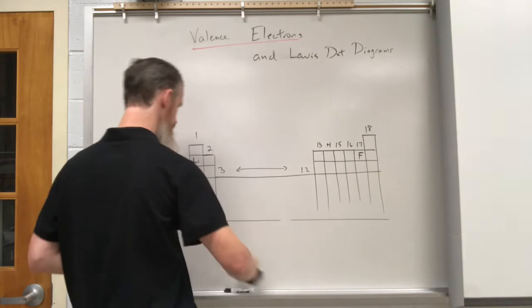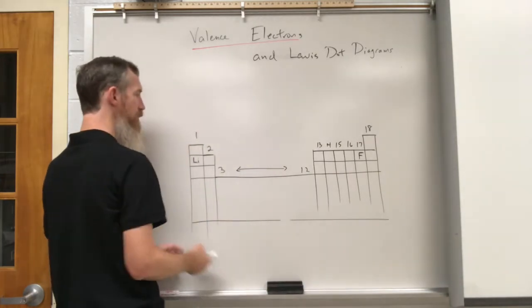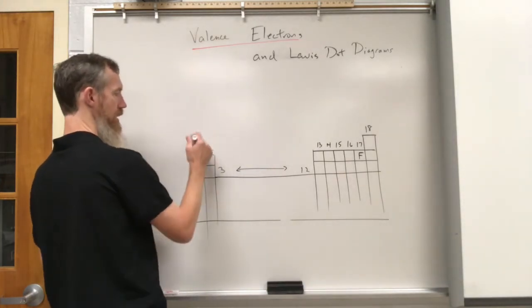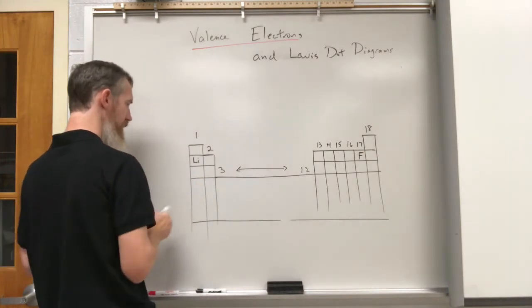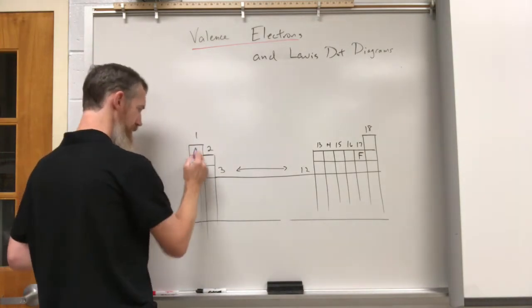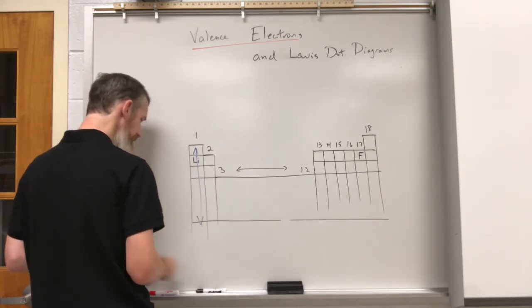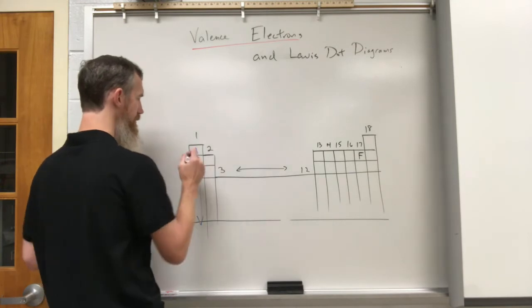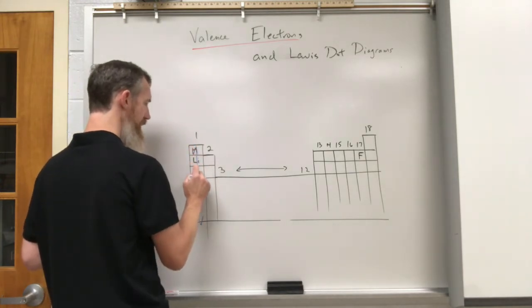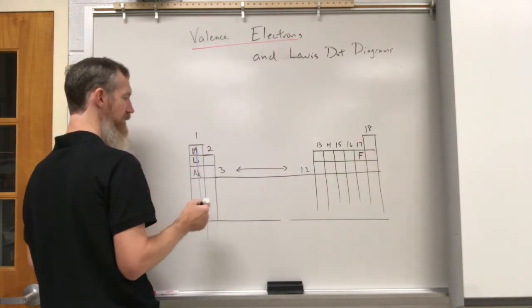If we look at any element from the first column of the periodic table, that means this whole column here, any element, whether it be lithium or hydrogen or sodium or any other element, so let me go pick sodium.